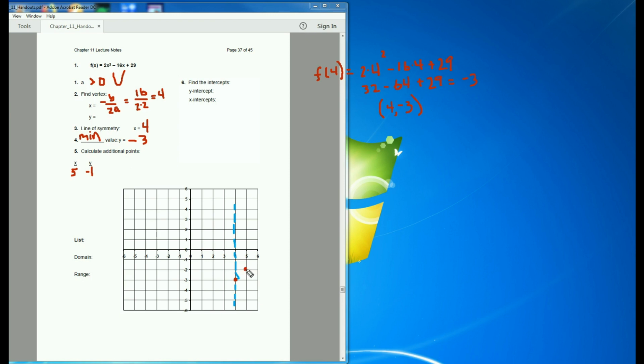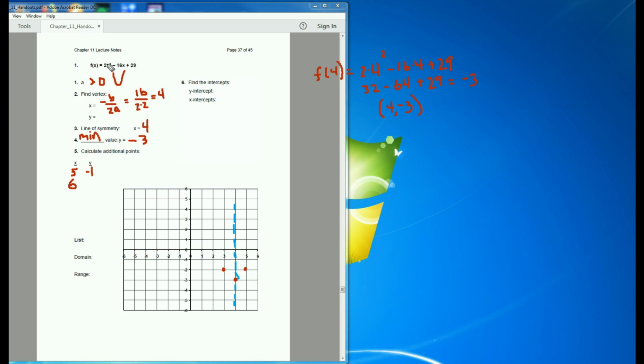And then by symmetry, you see how that's 1 unit away from the line of symmetry? Then we can automatically draw another point here at 3, -2. All right, let's go to 6. X equals 6.